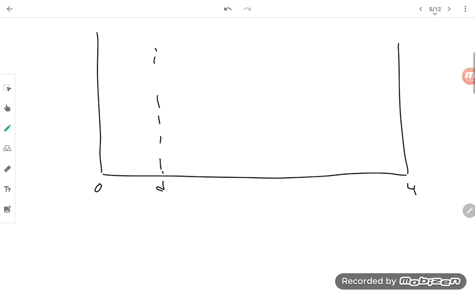And here is the lower limit and the upper limit. This is 4 minus the lower limit, and this is 4 minus the upper limit, and here is 2.